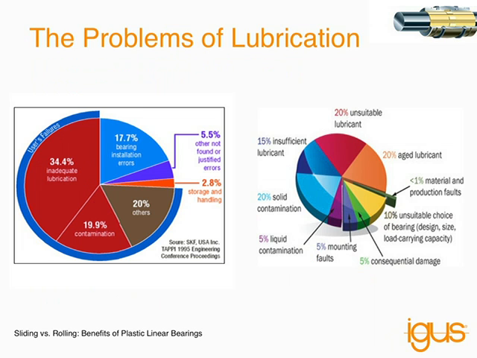Don't just take igus' word for it about plastic bearings and how they can save and reduce maintenance costs. We like to talk about that a lot, but both of these studies and basically any study done on bearing systems will tell you that the number one problem with any bearing system is due to lubrication related failures.